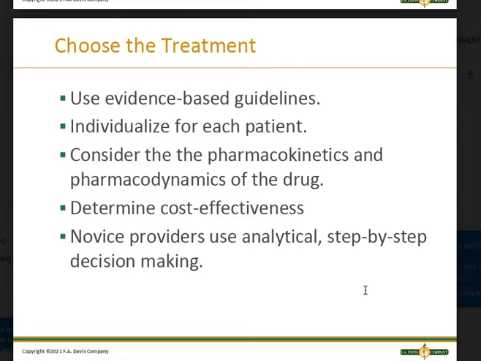You want to consider the pharmacokinetics and pharmacodynamics of the drug, how it's going to interact with their other medications. Are there certain comorbidities that are going to prevent this drug from being metabolized or being cleared through the kidneys? Is it cost effective? If they can't afford it, they can't use it.